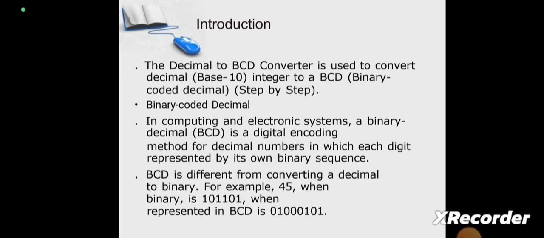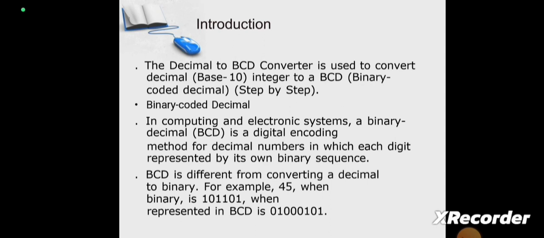So let's start our introduction. As we know, the decimal to BCD converter is used to convert a decimal integer to BCD. In computing and electronic systems, binary coded decimal is a digital encoding method for decimal numbers in which each digit is represented by its own binary sequence.